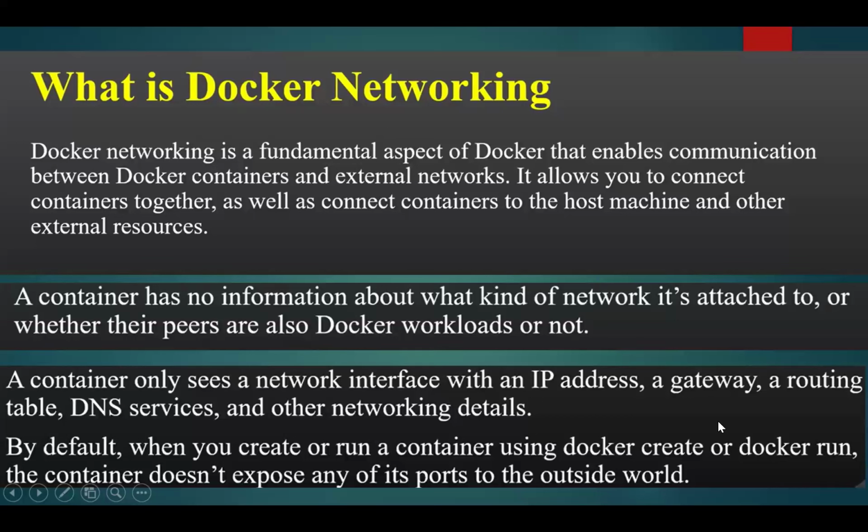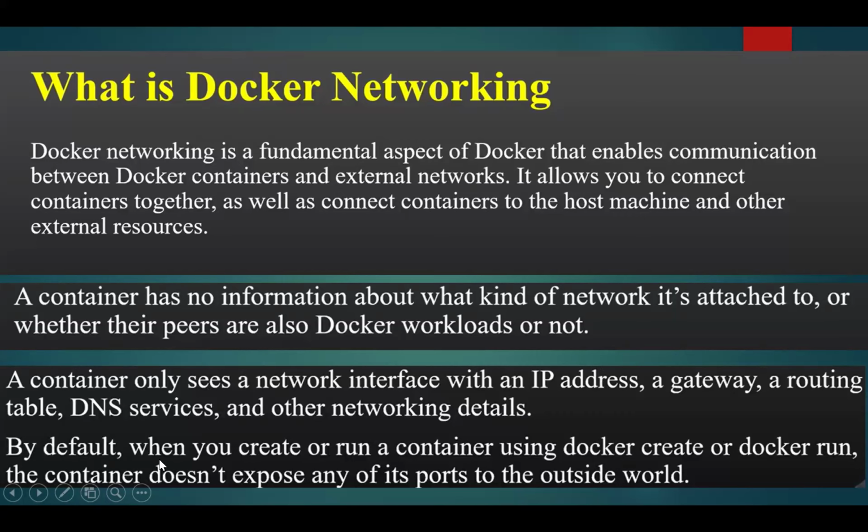If there is no gateway, internet access wouldn't be there. If there is no routing, the channel from gateway to IP addresses won't happen. Okay, DNS servers, a unique name would be given to your host machine, and other networking details would be required.